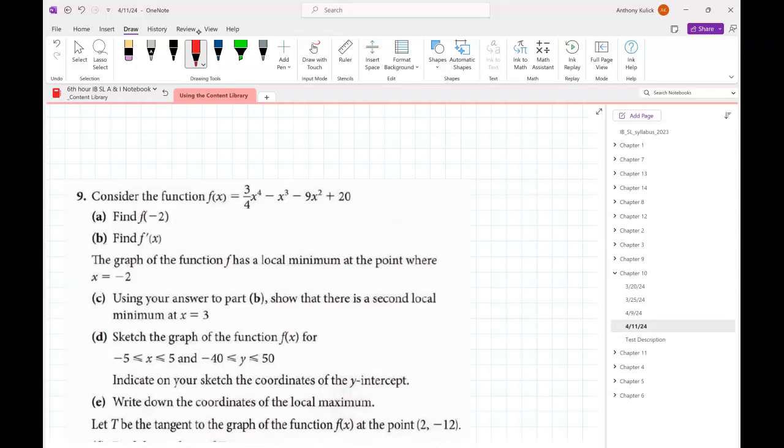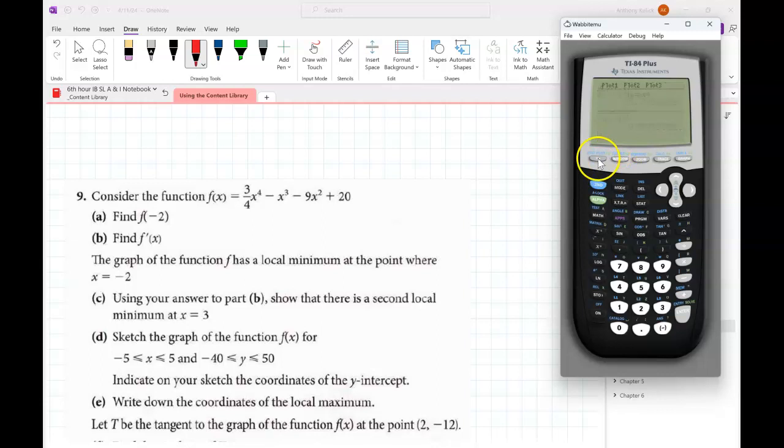Okay. Consider the function f of x equals 3/4 x to the fourth minus x cubed minus 9x squared plus 20. Find f of -2. How do I do that? Yeah, just plug -2 in for x.